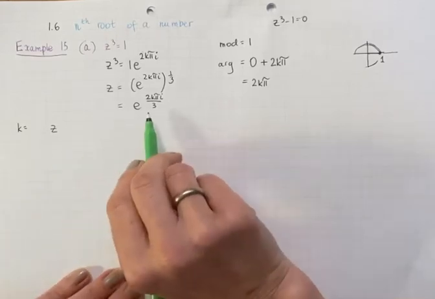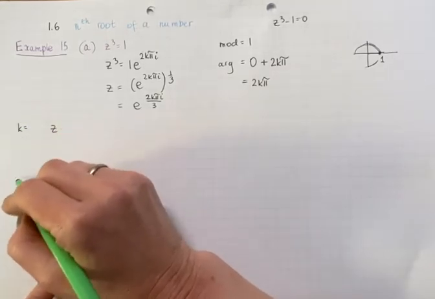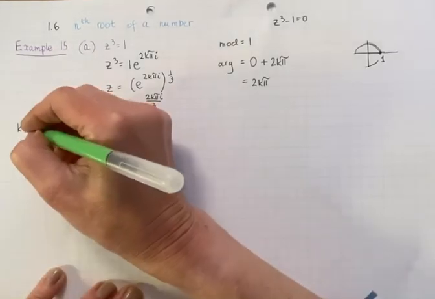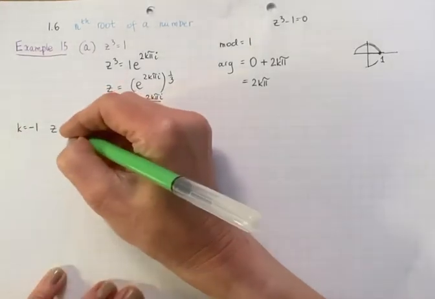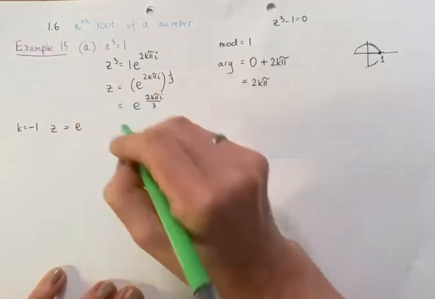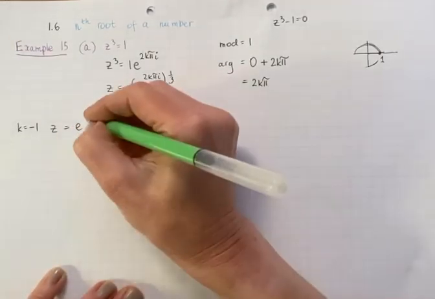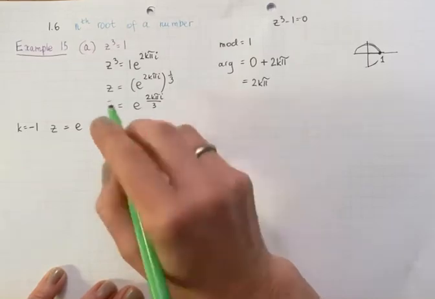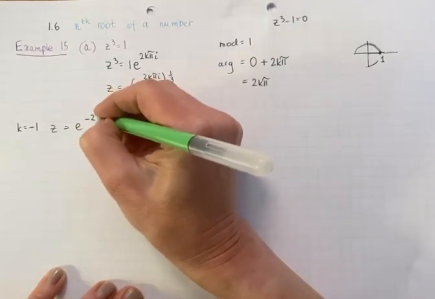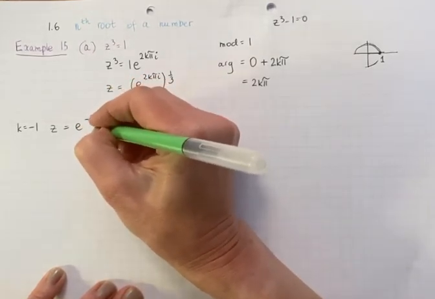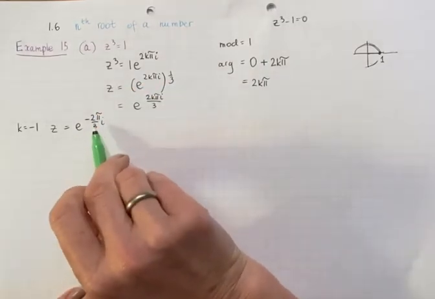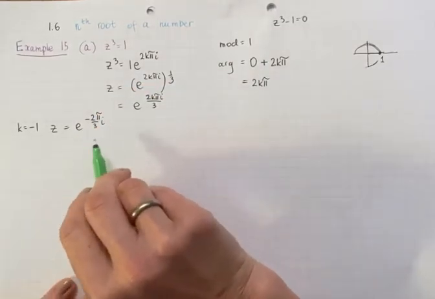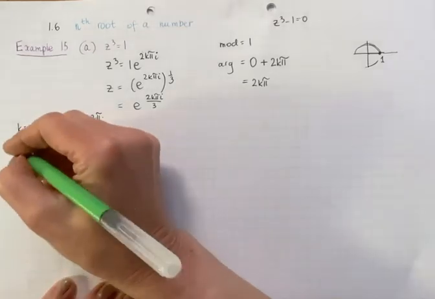It doesn't really matter as long as these values are consecutive. For this example, I'm going to start with -1. Substituting -1 into this argument takes you to -2 pi thirds times i. It's between minus pi and pi, so that's okay.